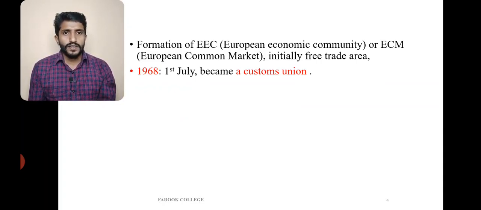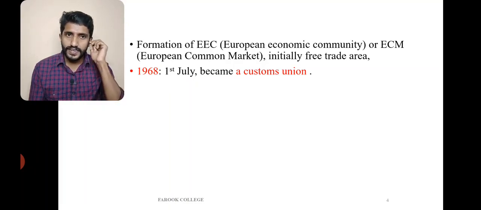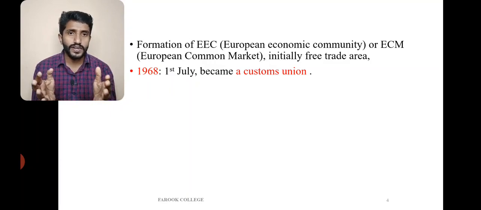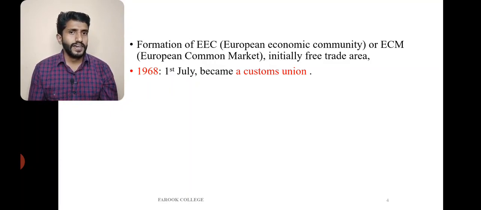So when it started through the formation of the EEC, the European Economic Community, or we can say ECM, the European Common Market, it was initially a free trade area. We have discussed what free trade, customs union and economic union are in the previous video. So if you are not in touch with it, you can go and watch it.